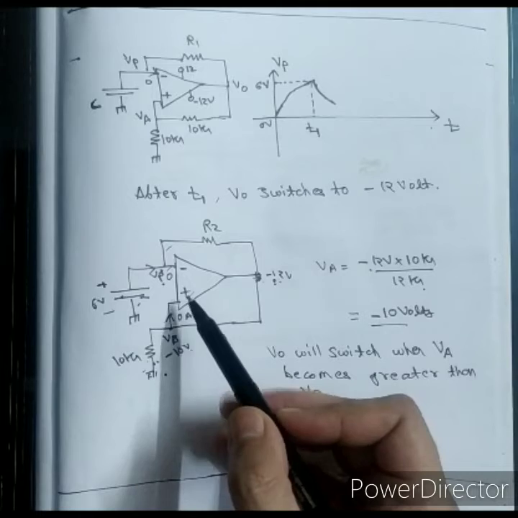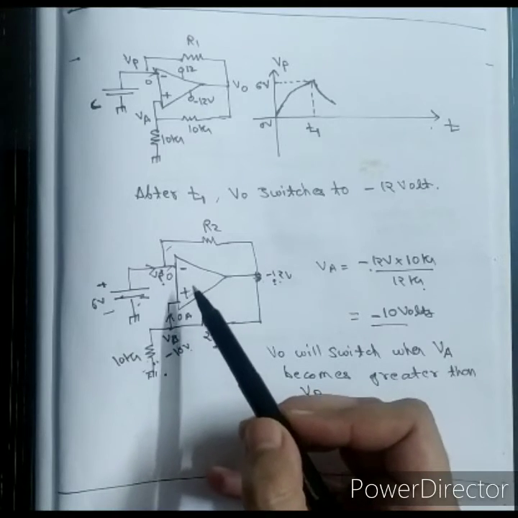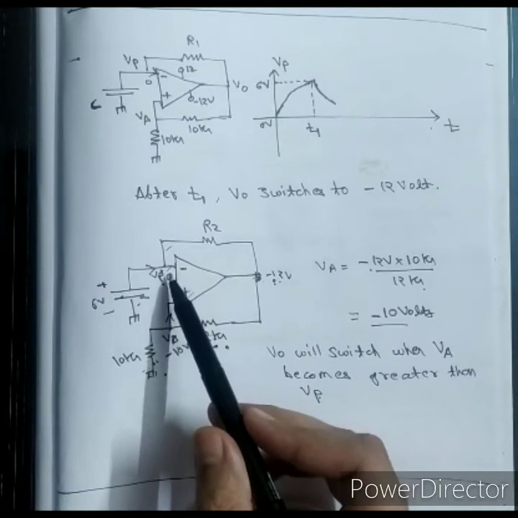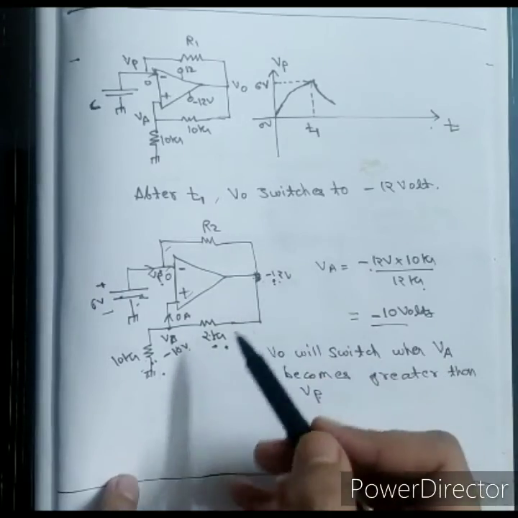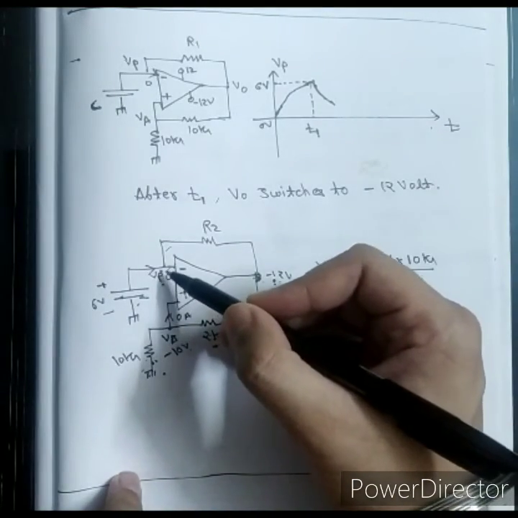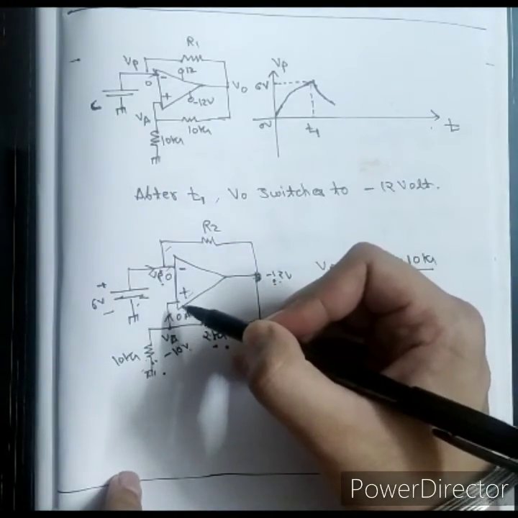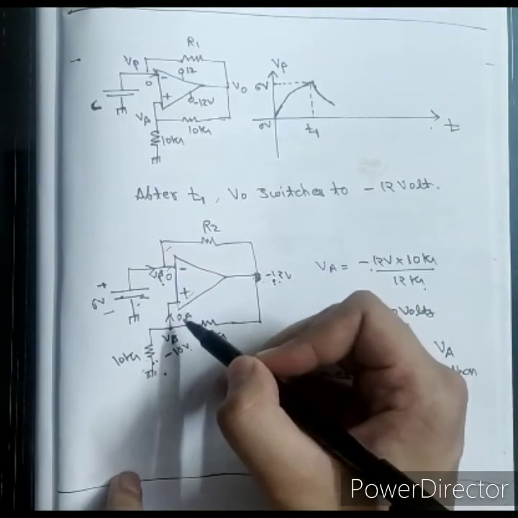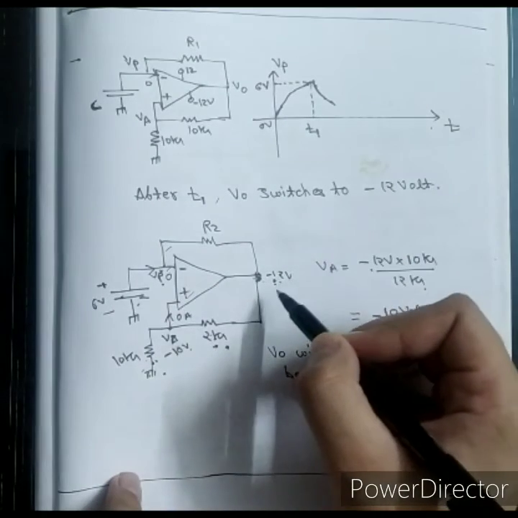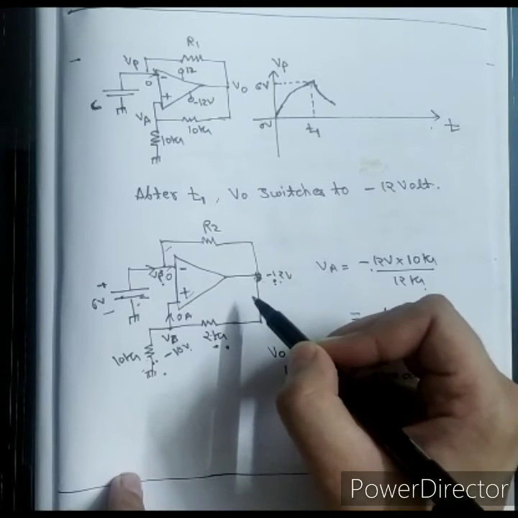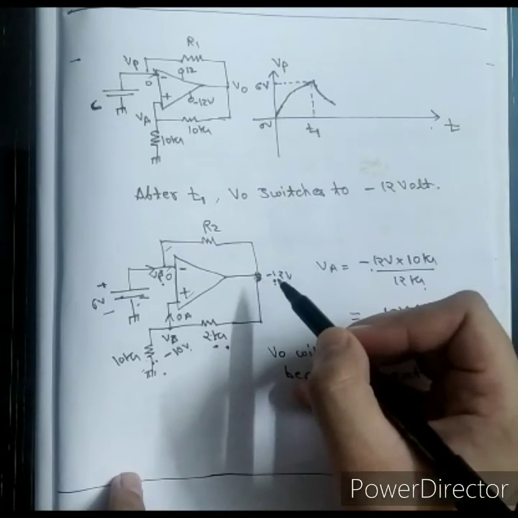If the positive terminal becomes greater than the negative terminal, VO switches. So this VP will decrease up to minus 10 volt. If it becomes minus 11 volt, obviously this potential will be higher, so VO will switch from minus 12 volt to plus 12 volt.